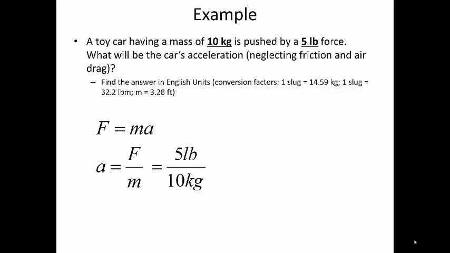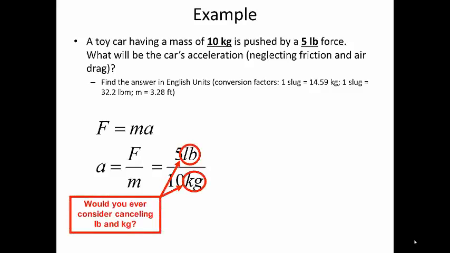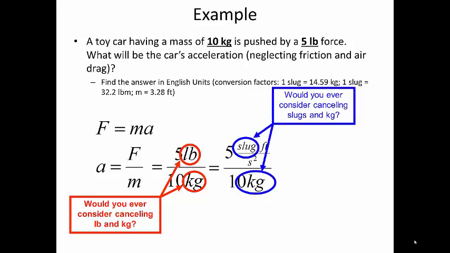Our force is 5 pounds, and our mass is 10 kilograms. We'll rewrite our pounds in its basic units, because we would never think of canceling kilograms and pounds. So we'll write our pounds as 5 slug feet per second squared, divided by 10 kilograms. Now, would we consider canceling kilograms and slugs?